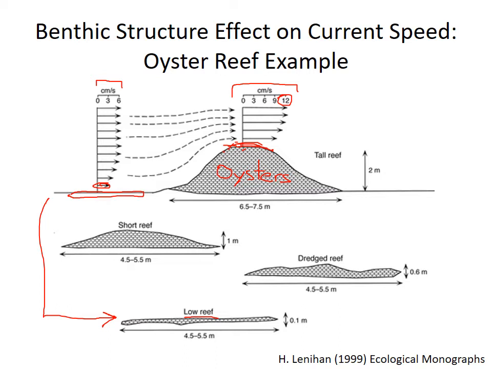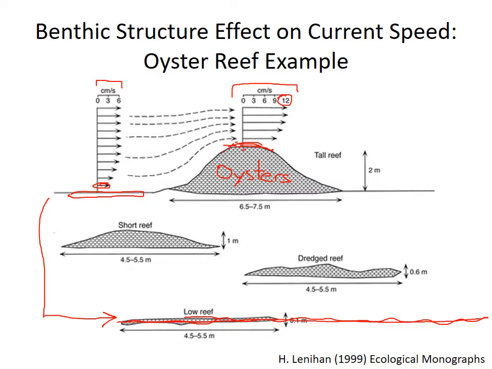This knowledge has been used by people that have been trying to restore reefs. We used to think that to restore a reef, if you had a pile of shells, you would want to spread them over as large an area as possible. But we had very little success with that sort of thin, low relief type of restoration.